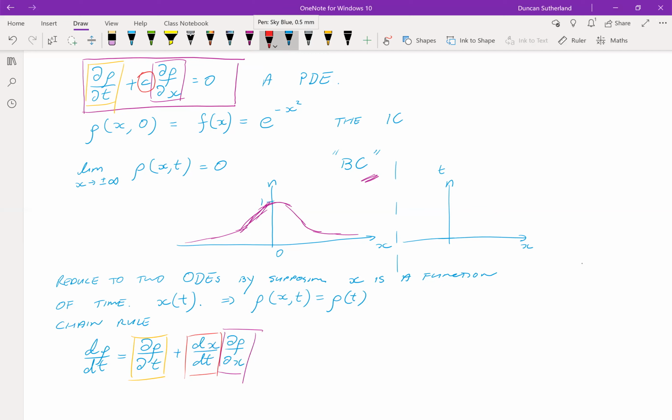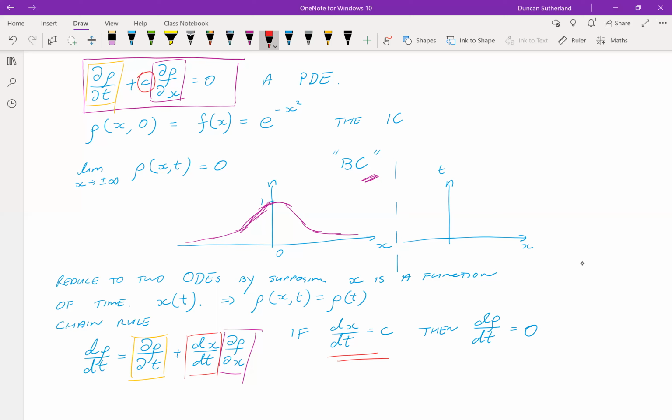What we can do by comparing these two expressions, we note if dx dt equals c, then d rho dt equals 0. So if this is true, then we have our partial differential equation.